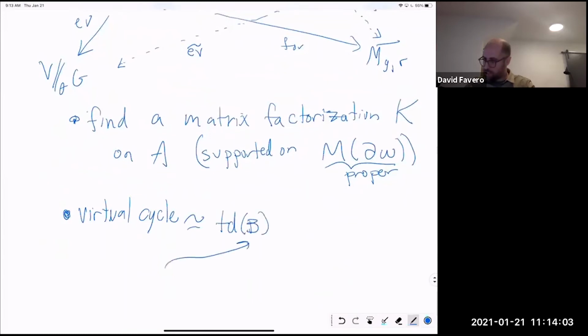Times the Atiyah class of this matrix factorization.